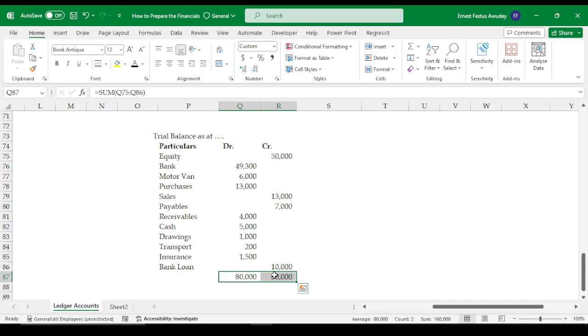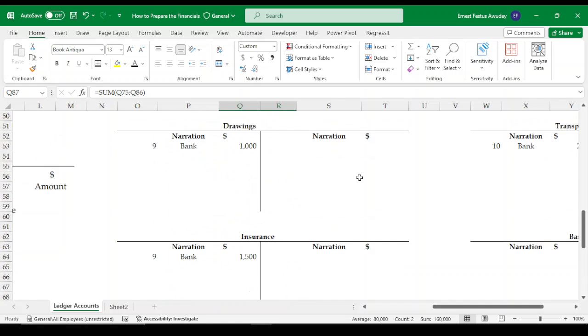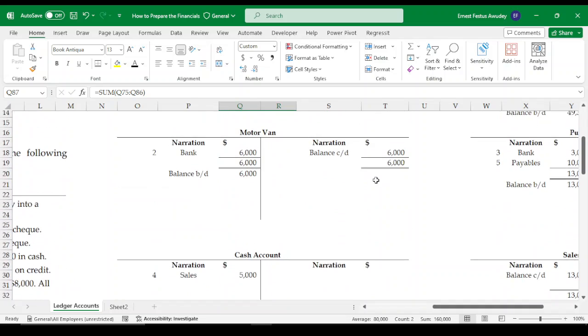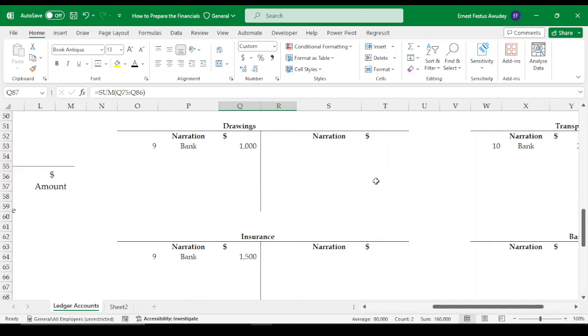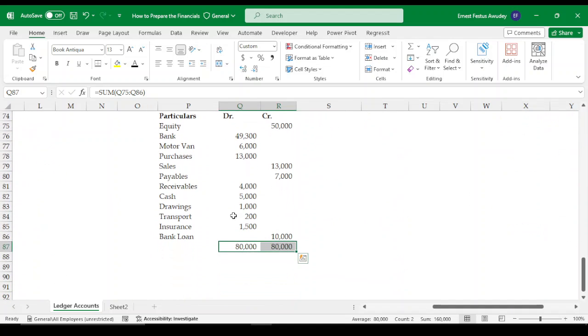arithmetically, that is very important. Arithmetically, our entries within our accounts are accurate. Okay, they are accurate. So let me just insert that.